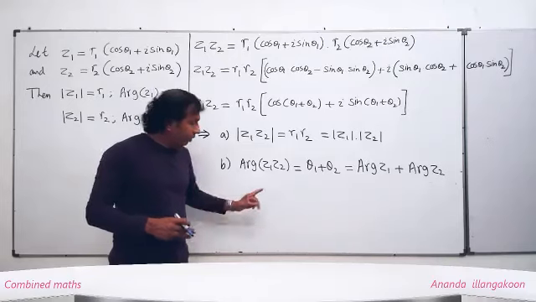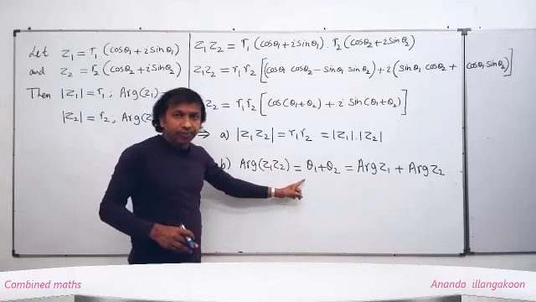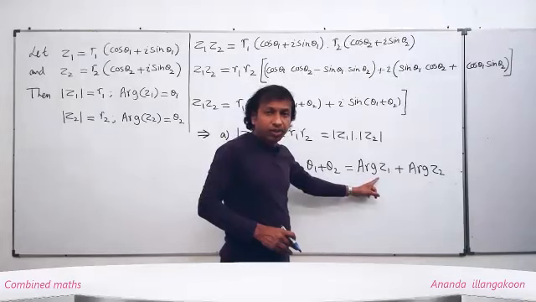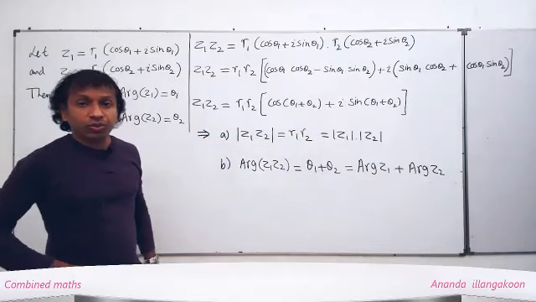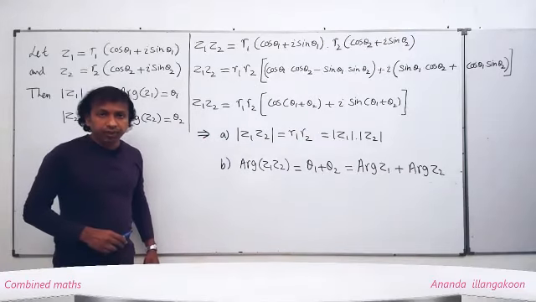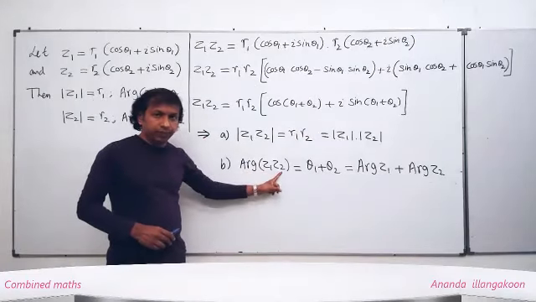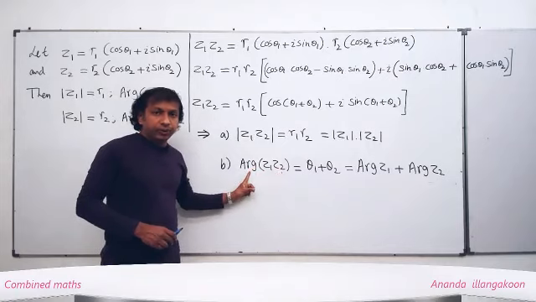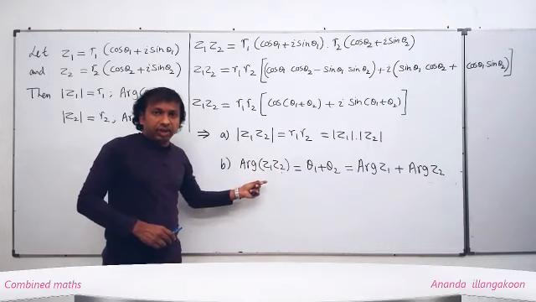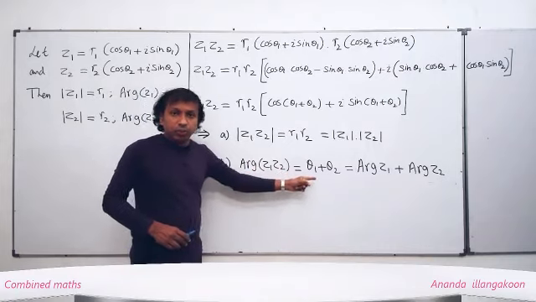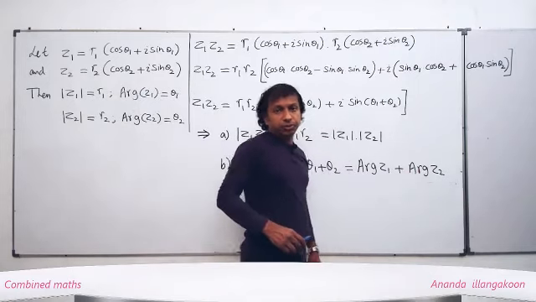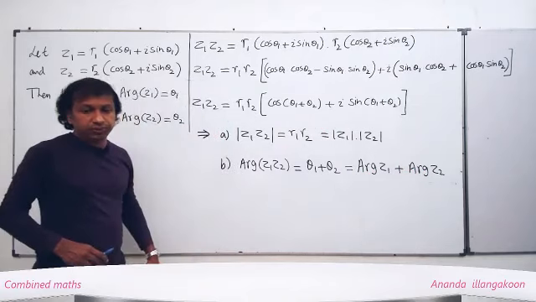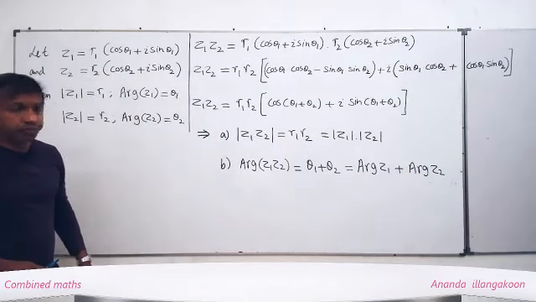This relation says that the argument of the product is equal to the sum of the arguments of the complex numbers. This is a very important result.